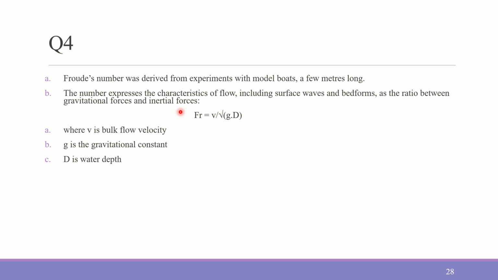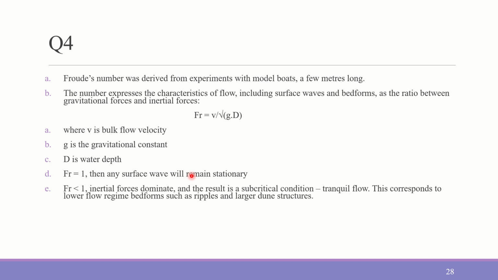So they did experiments using model boats and derived this expression for Froude's number, V by square root of G into D. From this number they were able to describe the characteristics of fluid flow, including surface waves and bed forms. When Froude's number is equal to 1, any surface will remain stationary.